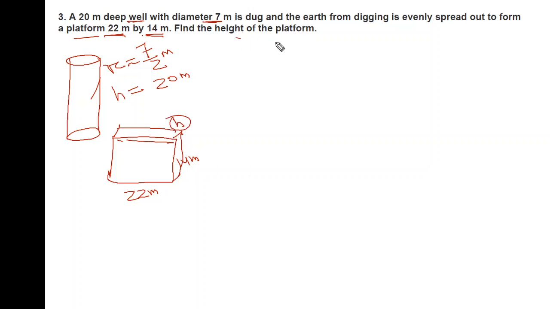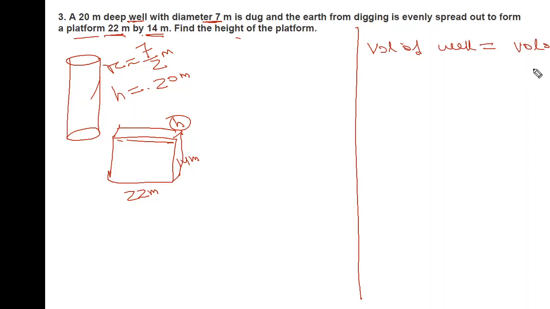Okay, so what is the situation here? The volume of this soil will be equal to the volume of this well. So let's write that here: volume of well equals volume of earth or soil.